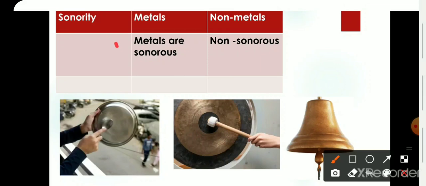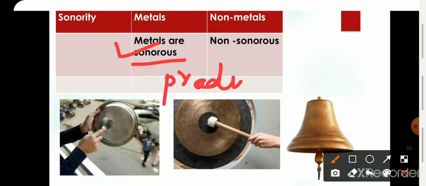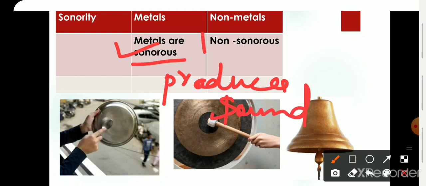So metals are sonorous. Sonorous means it produces sound. While non-metals do not produce any type of sound, so non-metals are non-sonorous in nature.